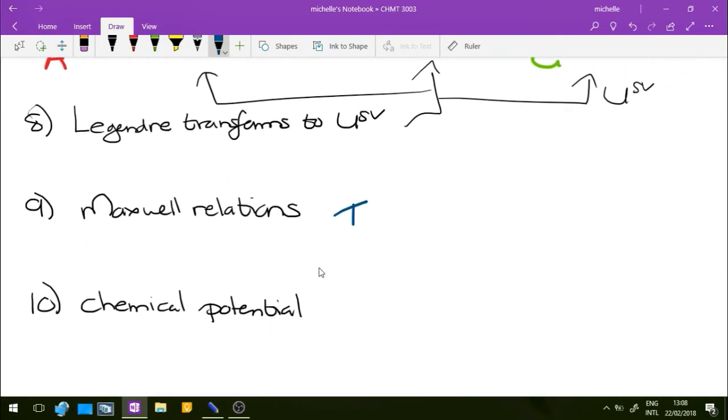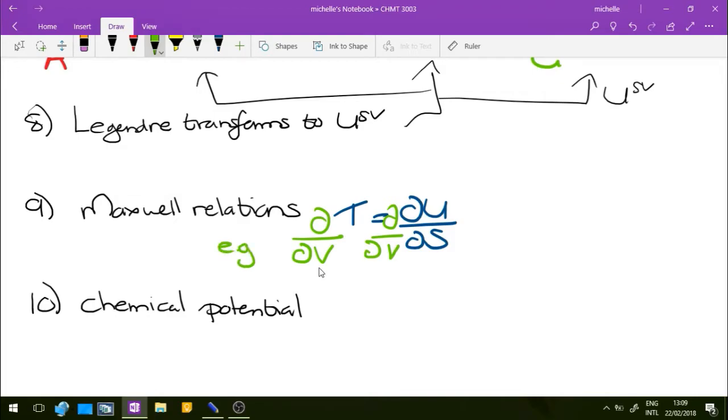So for example, we take the definition of T as dU by dS, and what can you do? Well, you just differentiate each side. You can differentiate with respect to V, you can differentiate with respect to T or P, but for now I'm just differentiating both sides with respect to V. I'm not changing anything because I'm doing it to both sides of the equation, and T is a function of S and V. So then what can you get?